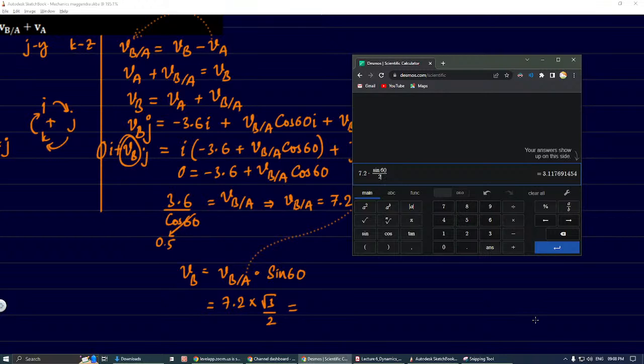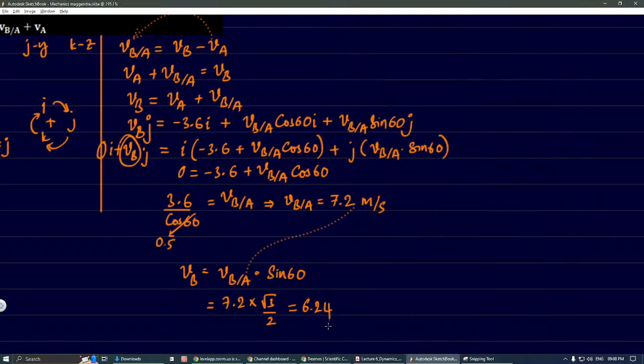Check it. I think 6.2. 6.24, yes, 6.24 meters per second. This is the value of VB.